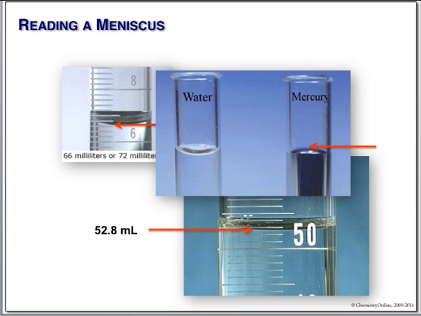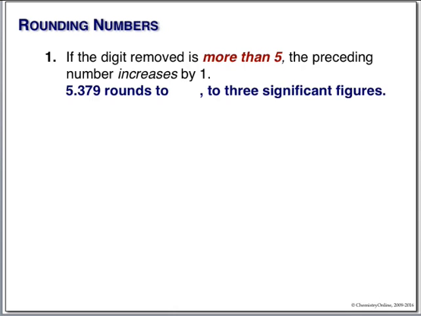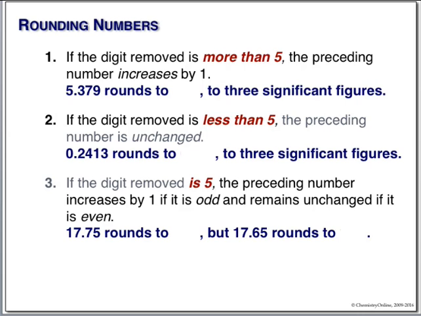We also did some measurements. And when you did these measurements, there were numbers that you had to deal with. And this is just a little slide that basically reviews rounding numbers, just to make sure we all understand the rules. We are going to round this number to 3 significant figures, so that's 3 digits.